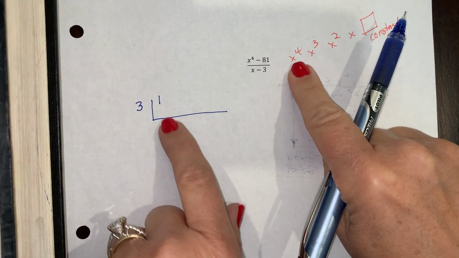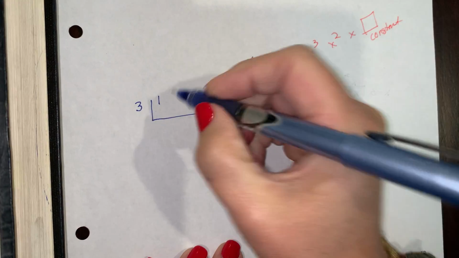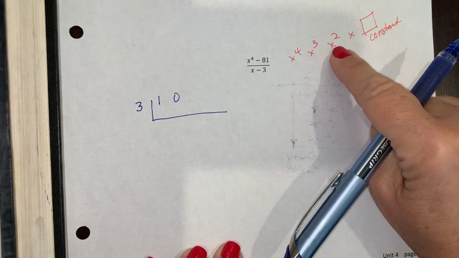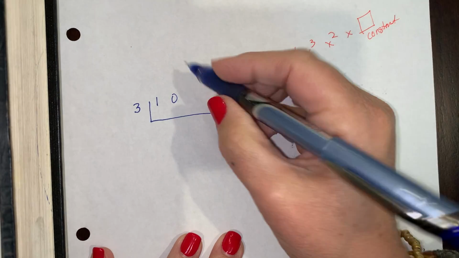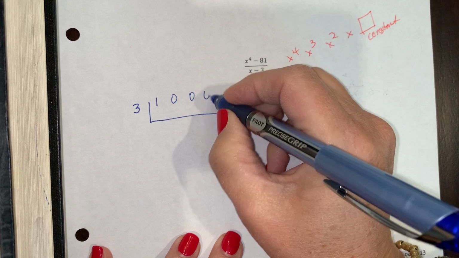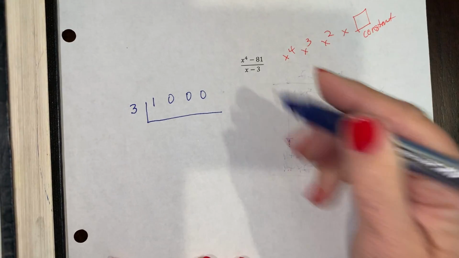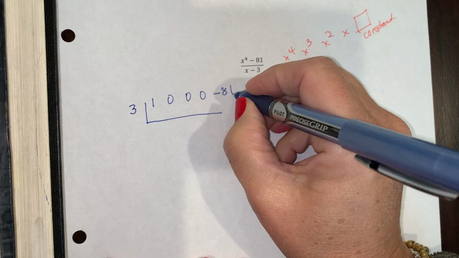Here was my x to the fourth. Is there an x to the third? No. So I need to put in a 0. Is there an x squared? No. So I need to put in a 0. Is there an x? No. So I need to put in another 0. And then is there a constant? Yep, 81. So I'm going to put in negative 81.